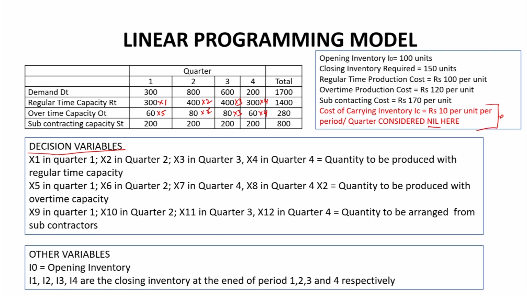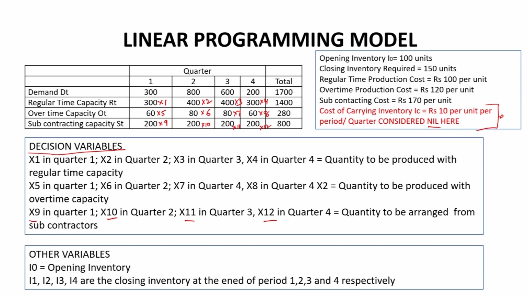Similarly, we have variables x9, x10, x11 and x12. x9 is the quantity to be subcontracted in quarter 1, x10 is the quantity to be subcontracted in quarter 2, x11 is the quantity to be subcontracted in quarter 3, and x12 is the quantity to be subcontracted in quarter 4.